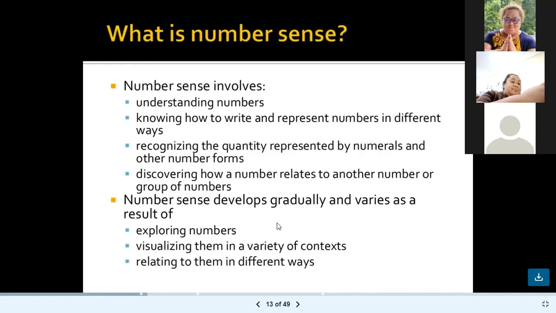Tuklasin mo kung paano, tuklasin daw po kung paano ang isang number na relates to another number or group ng mga number.